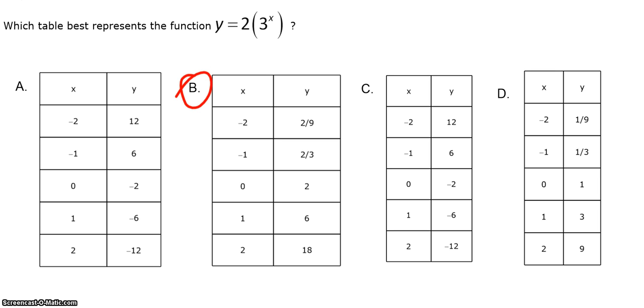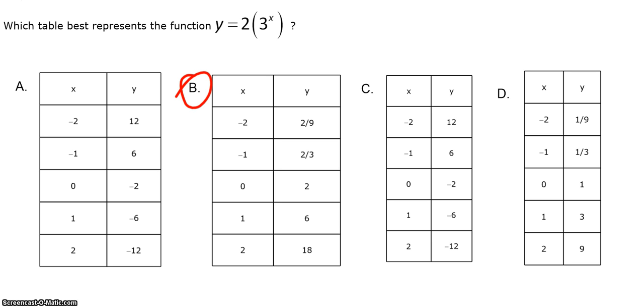Now, if you wanted to check it without using your calculator, the x value that I will look at is 0. The reason why I would look at 0 is because you know 3 to the x is a parent function, so it could go through the point (0, 1).